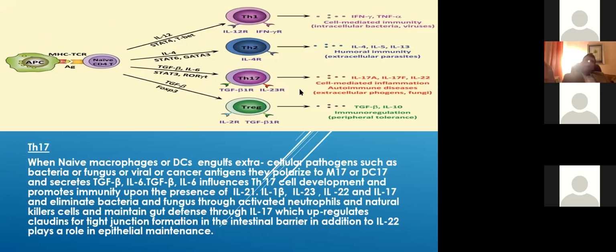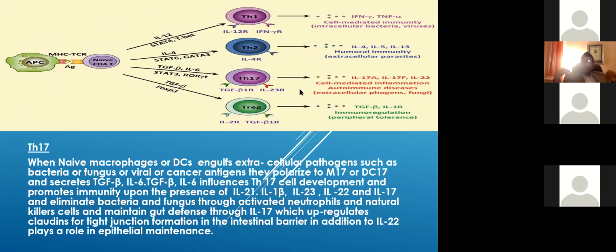Okay. This is the new subset or type of T helper lymphocytes. It was recognized only recently. I believe when we were in medical school, we had no clue that there is something called Th17. And how does Th17 develop? Of course, it all depends on what the macrophage eats.